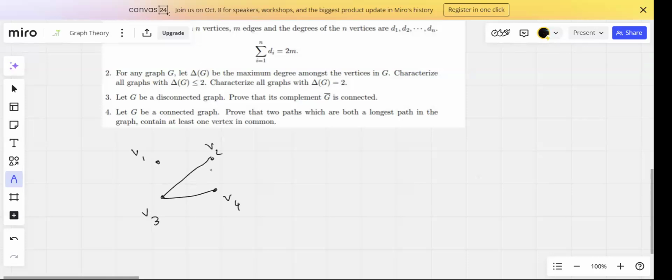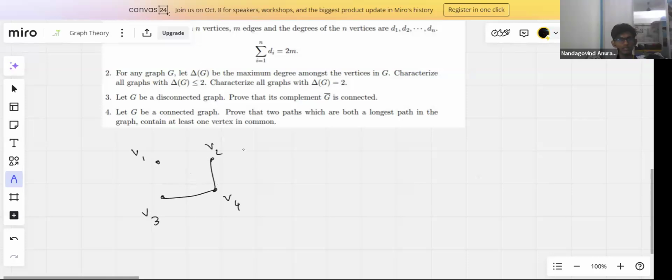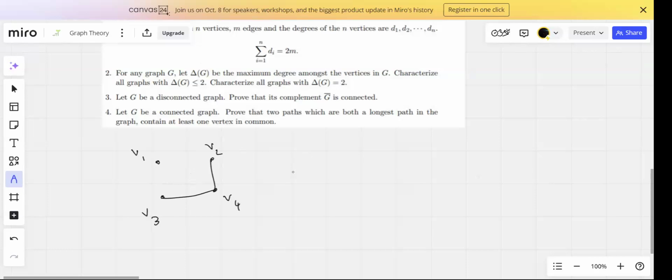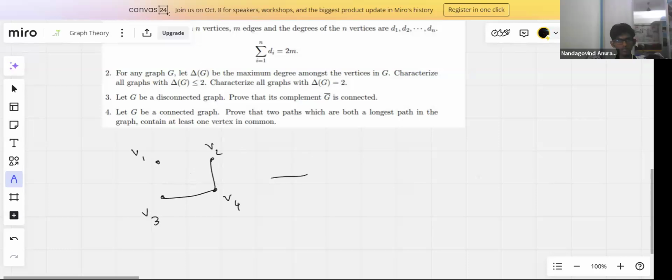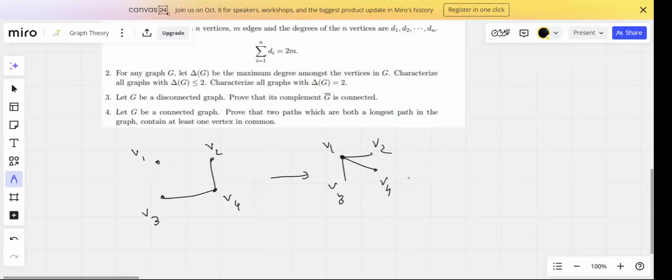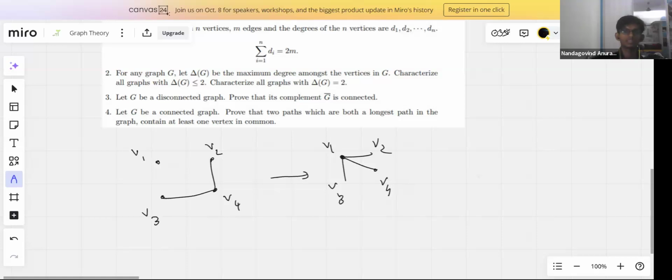So this is a non-connected graph. So how is its complement connected? Ah, right. You also join those edges, right? In fact, there's more. It's not just this edge.